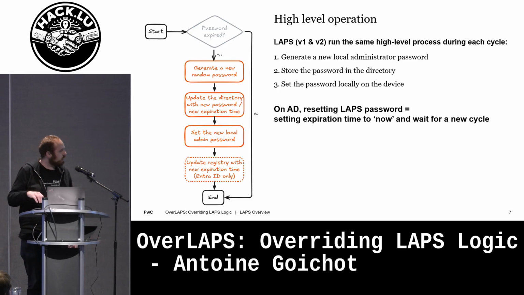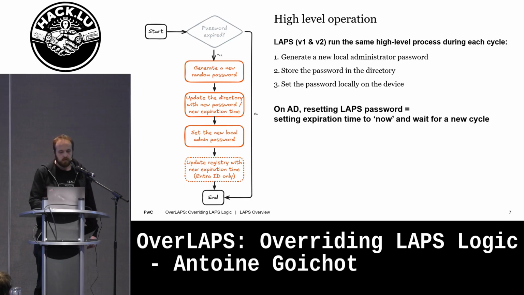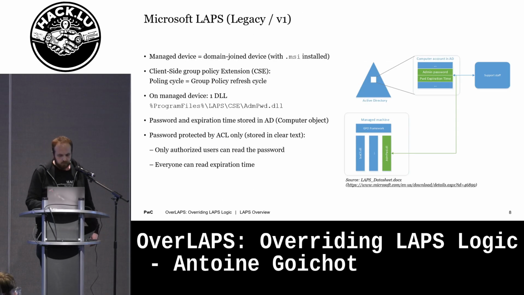For Entra ID, Entra joined machines, there is also an update of the registry that we'll cover later. And basically, on an Active Directory setup, resetting LAPS is actually setting the expiration time to now on the domain controller, and then waiting for a new cycle.